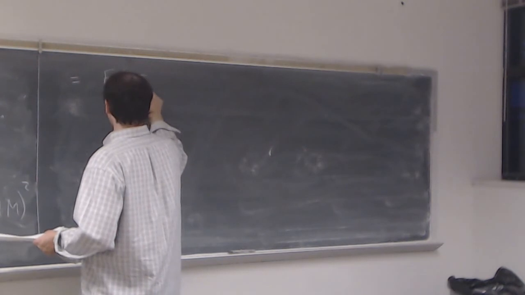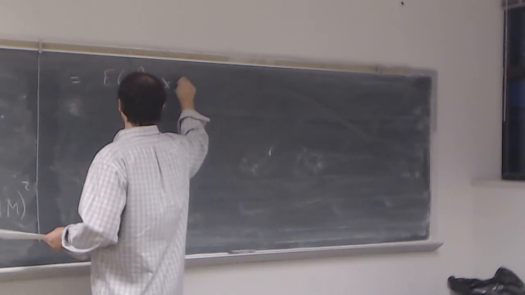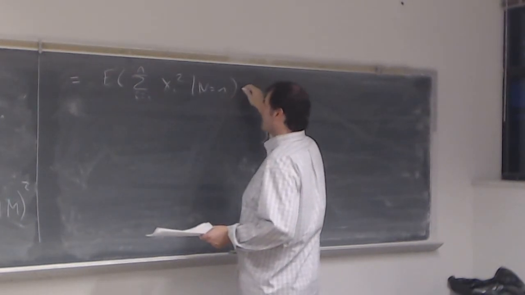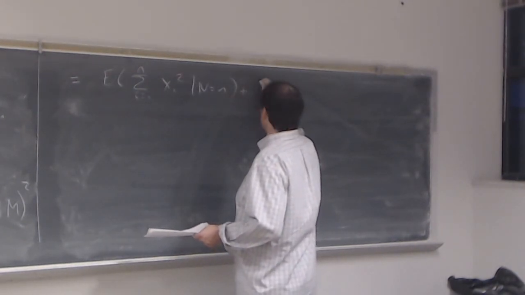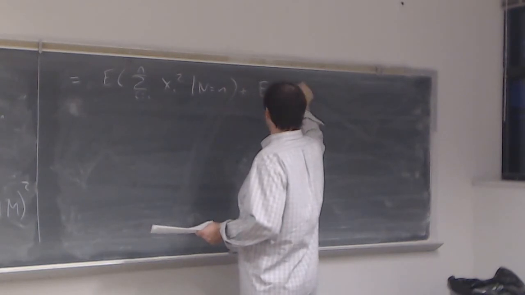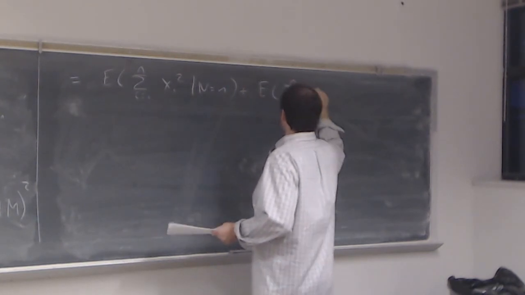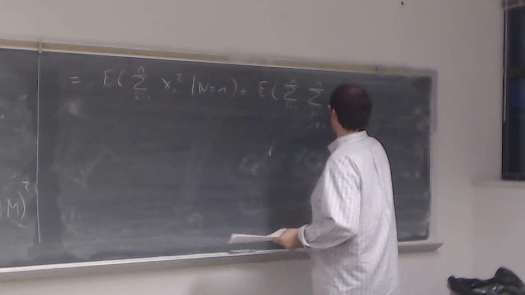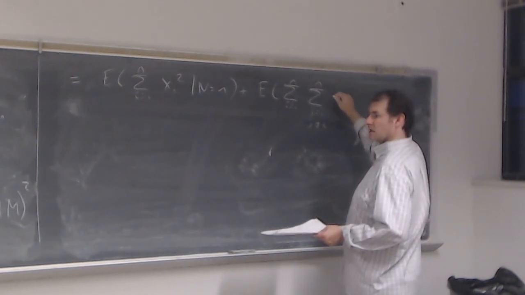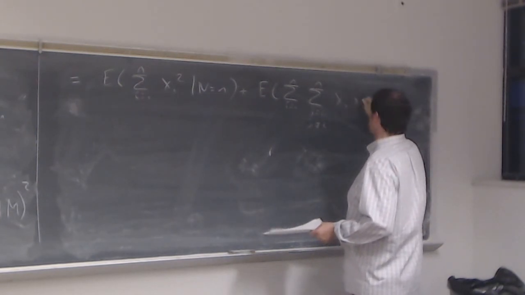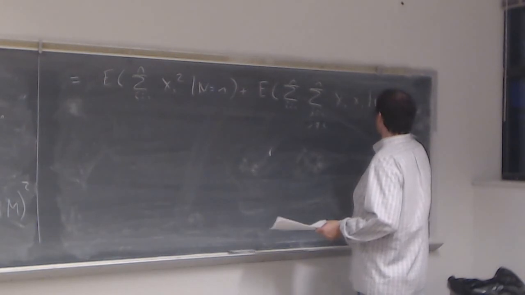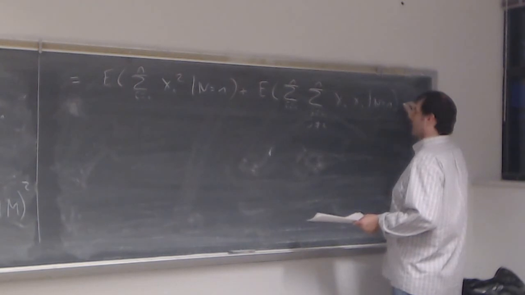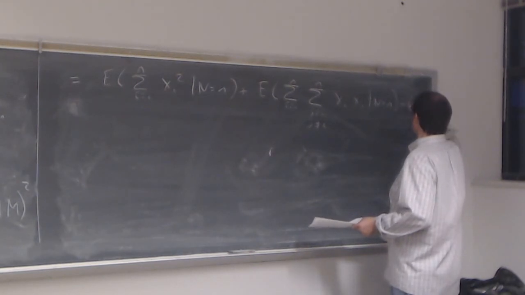The sum as i runs from 1 to little n of x_i squared given N equals n, plus the conditional expectation of this double sum, j different than i, of x_i x_j given N equals n, and then minus n times mu b squared.